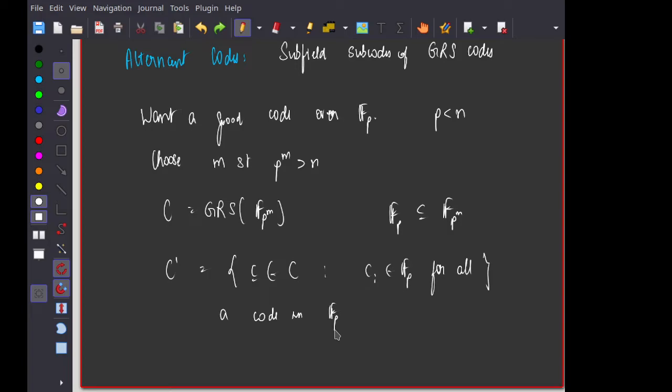Okay, correct. So the sum of two code words is a code word, so it's a group code. But why do you say it's a linear code?